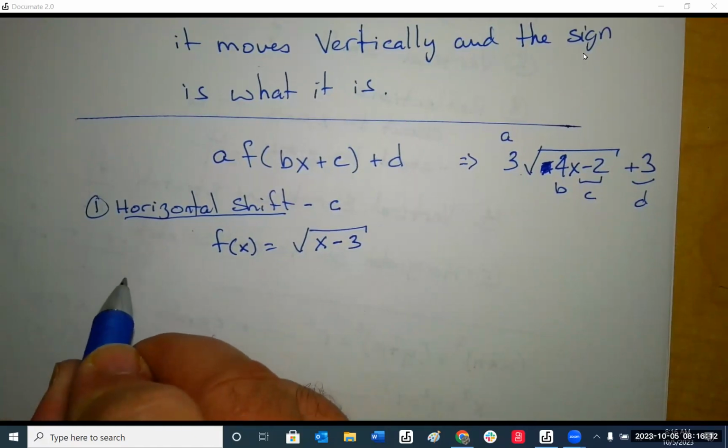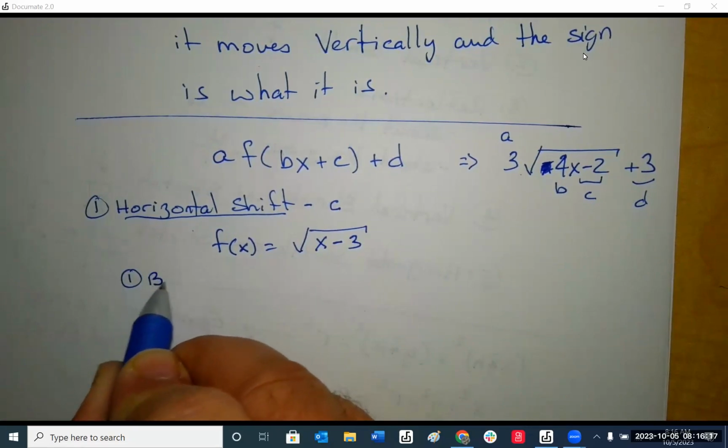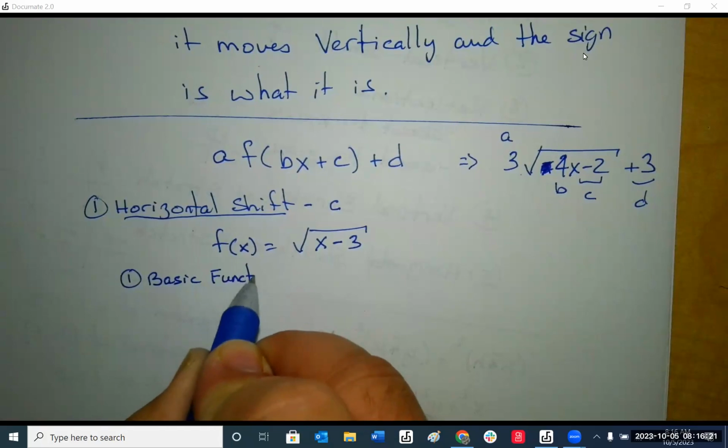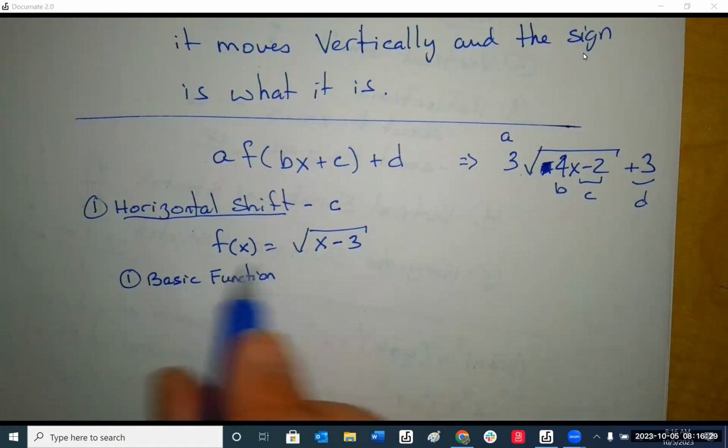Here are the steps. First step. What is the basic function of this example? From the library of functions table. What's the basic function here?